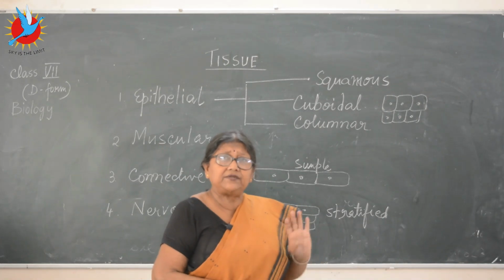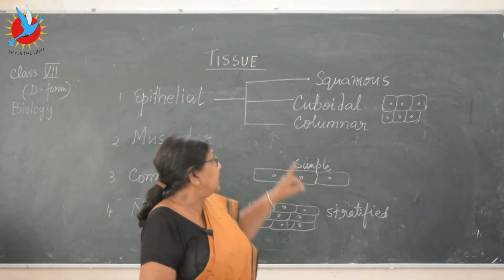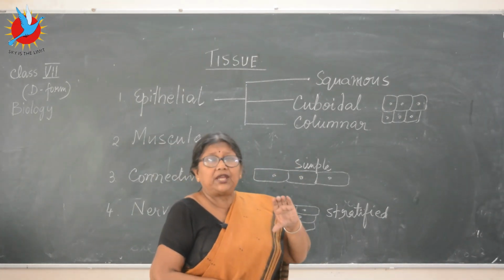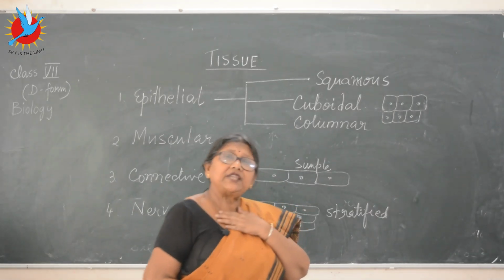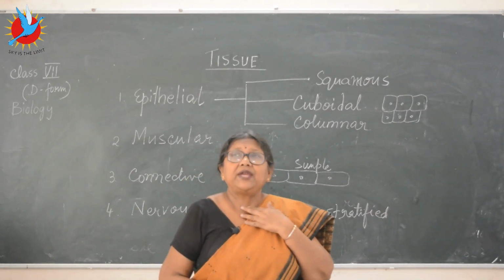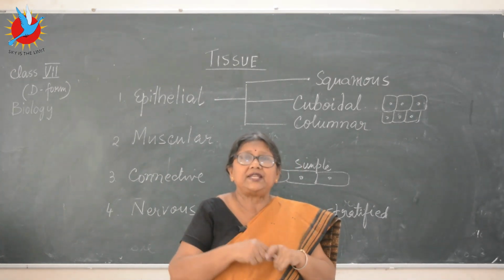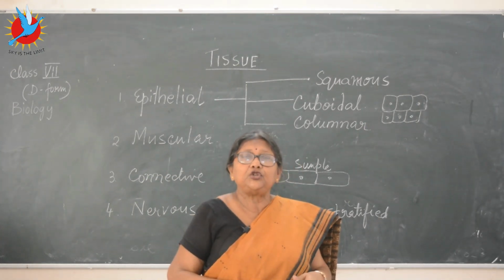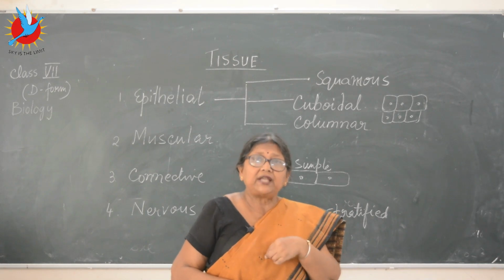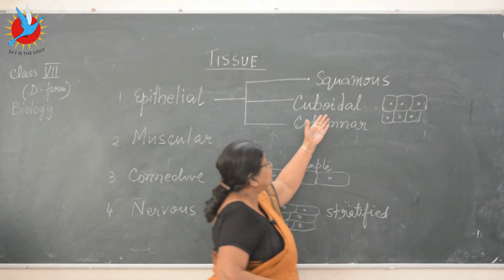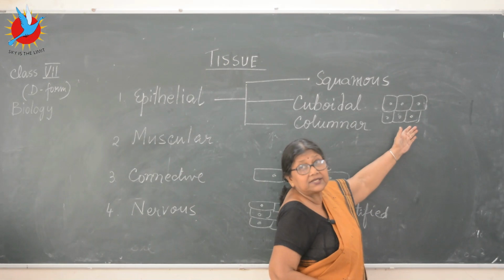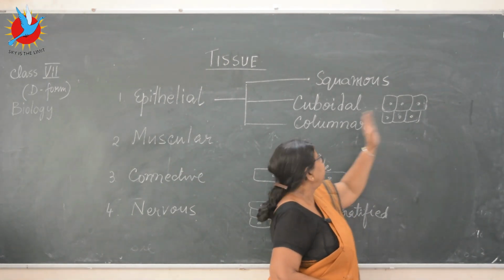It's nothing difficult. It's a very simple topic. So cuboidal is found in the internal parts of certain organs, like all the tube-like structures inside the body, inside the kidney tubules, or the vocal tract that we have, which is lined with cells that make the cuboidal.